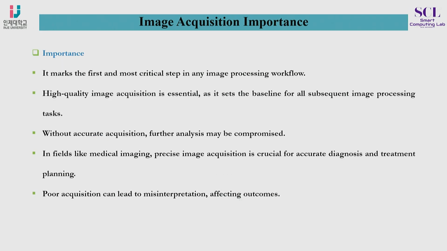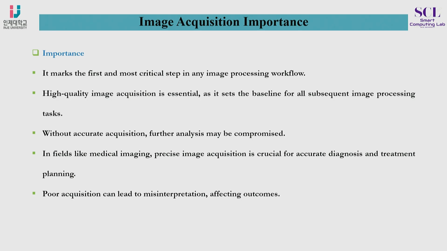So why is image acquisition important? Because this is the very first step in image processing. If you get a quality image, then after that you can get better results at the end. For example, if your image is not so good, then how can the doctors or the radiologists observe the affected part in the image?